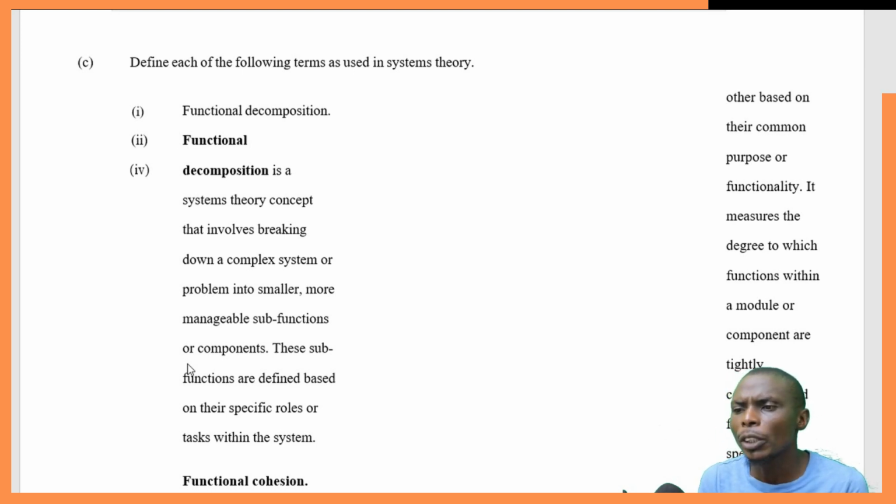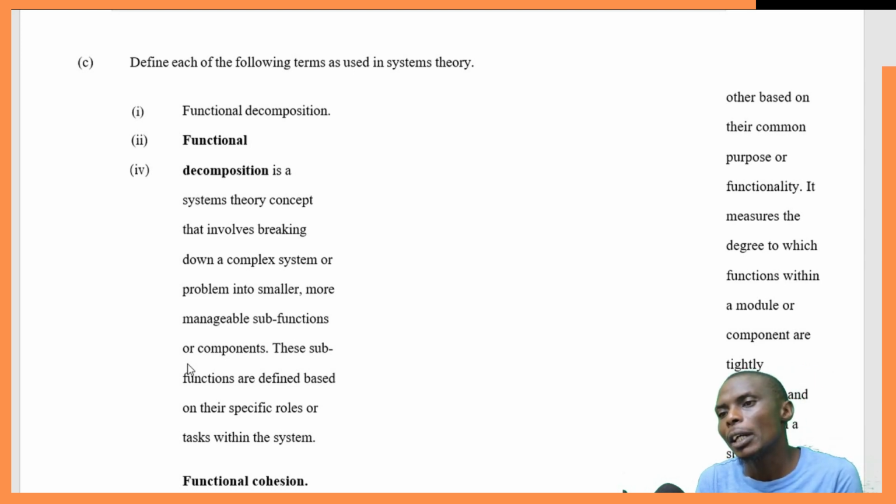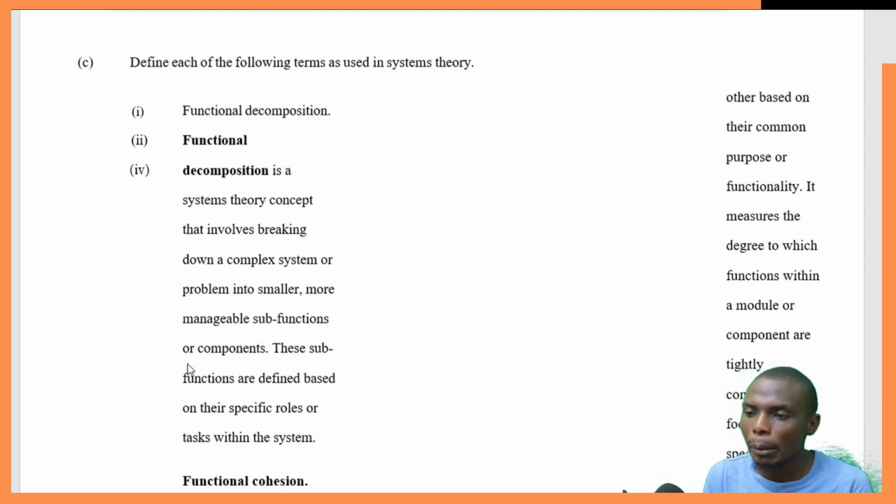These sub-functions are defined based on their specific roles and tasks within the organization, so that it becomes easier to solve these complex system problems. The theory states that the problem is fractured, or segmented, into smaller segments.